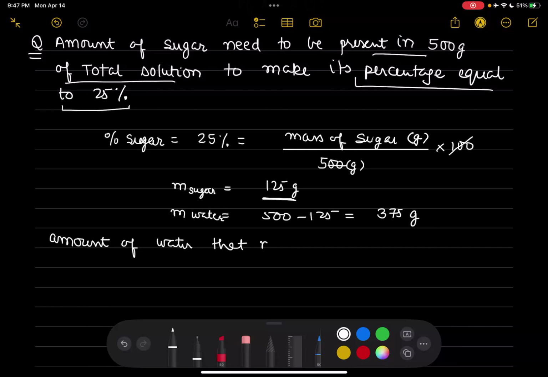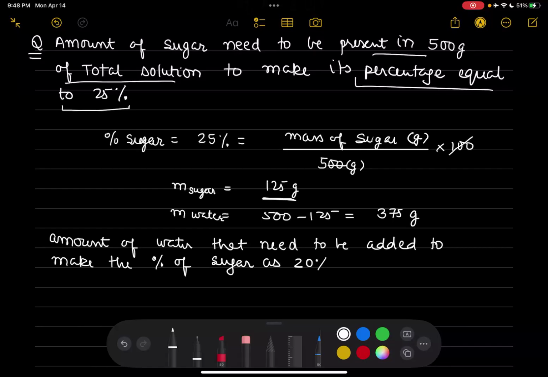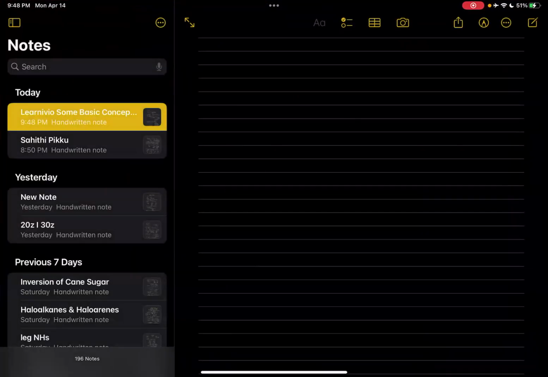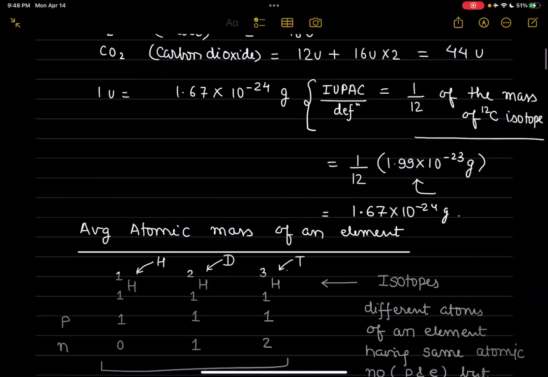The mass is in grams, not percentage; I wrote the units wrong. So water needs to be added, right?